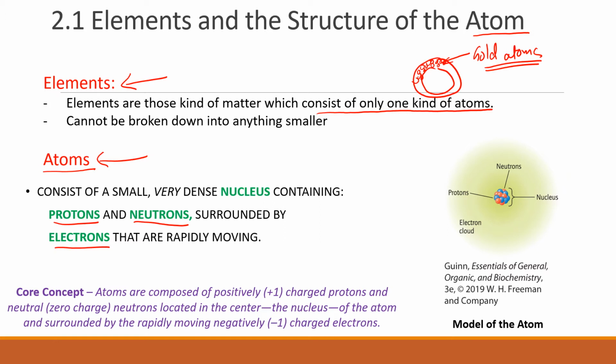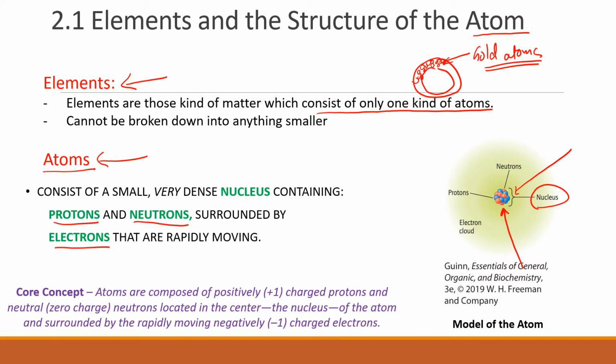Atoms have an extremely small and dense central part which is called the nucleus. The nucleus is in the middle of the atom, and it is made up of protons and neutrons. In this figure, you can see the red squares and the blue spheres. The red ones are neutrons, and the blue ones are protons.